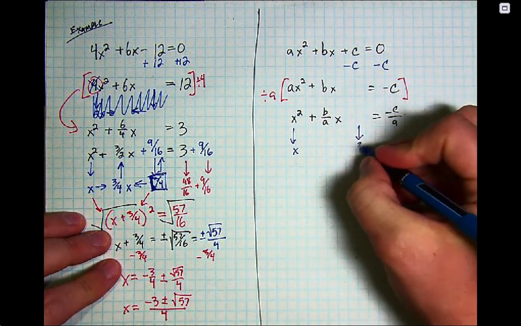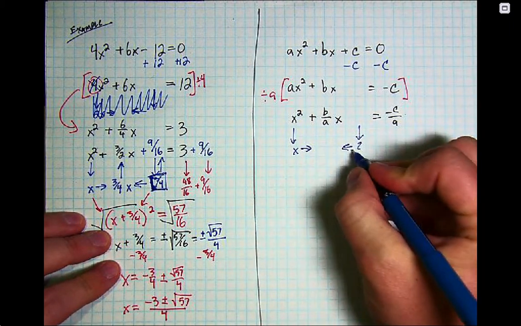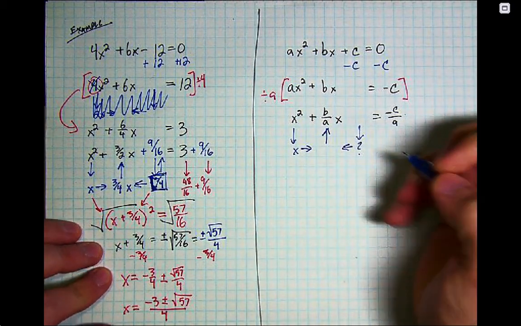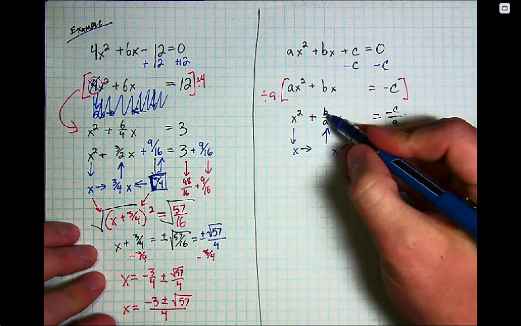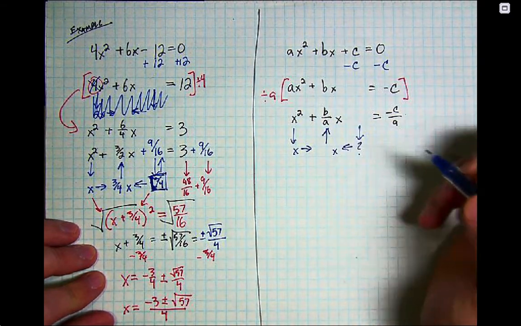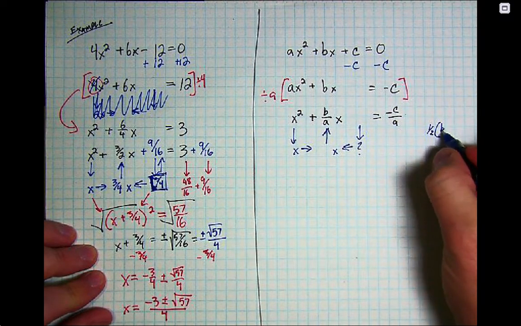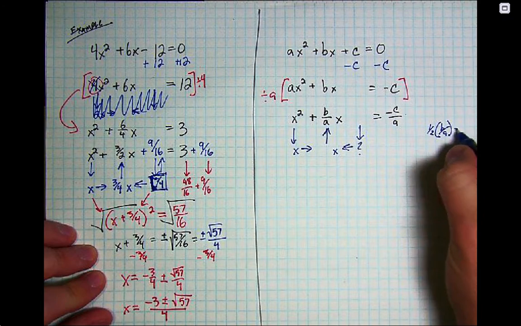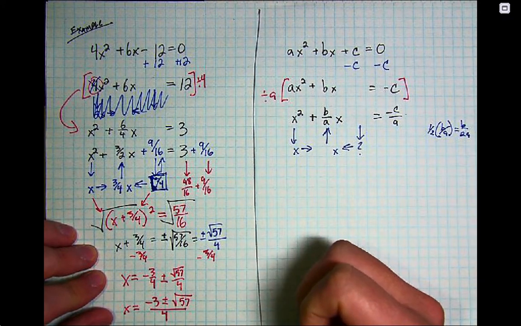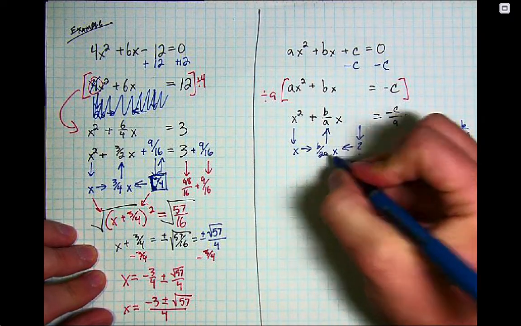I don't know what this is yet, but I know that when I smush them together and then double it, I get b over a x. So that's the doubled version. The undoubled version would be half of that. So what's half of b over a? B over 2a. So that's the lovely thing that goes here.